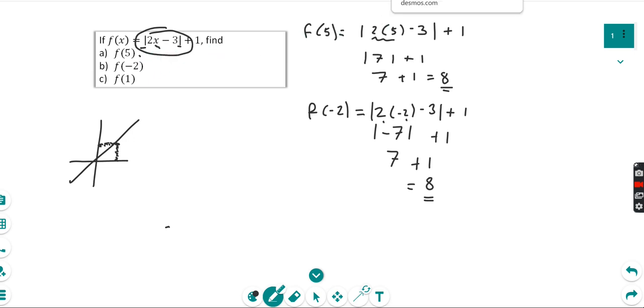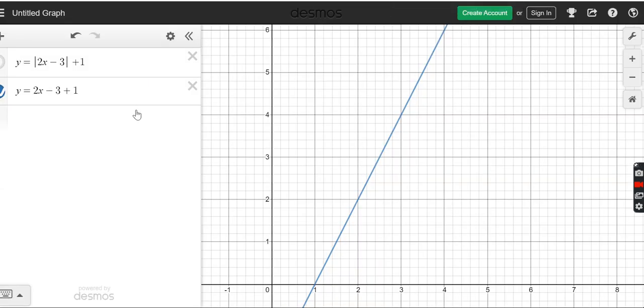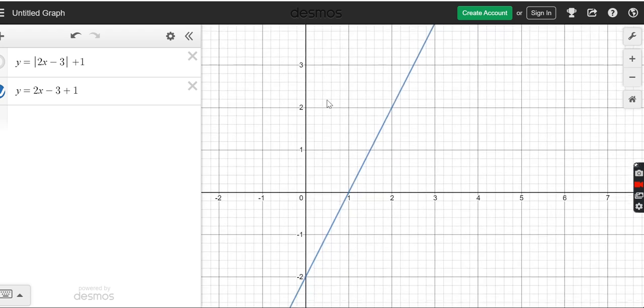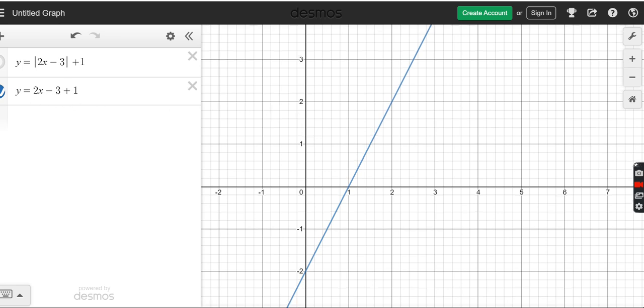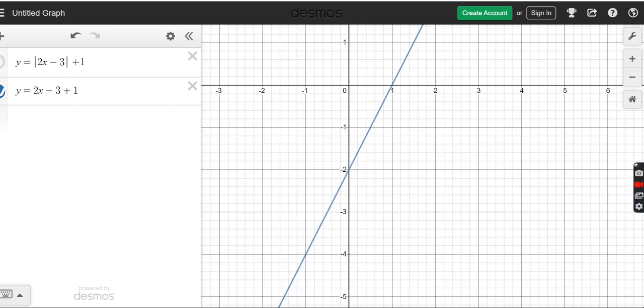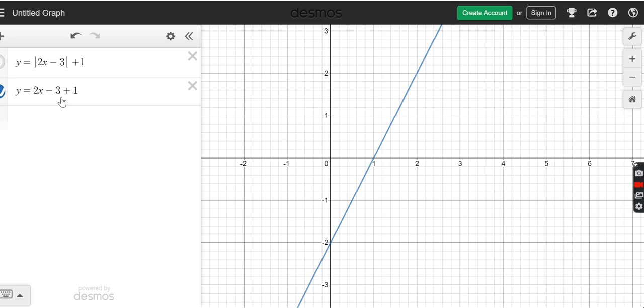Well, if we're looking ahead a little bit, what I've done here is I've graphed 2x minus 3 plus 1. It's a bit silly doing minus 3 plus 1, but the idea is you can see without the modulus signs, it would look like a normal straight line graph. Minus 3 plus 1 simplifies to minus 2. That's why there's a y-intercept there.